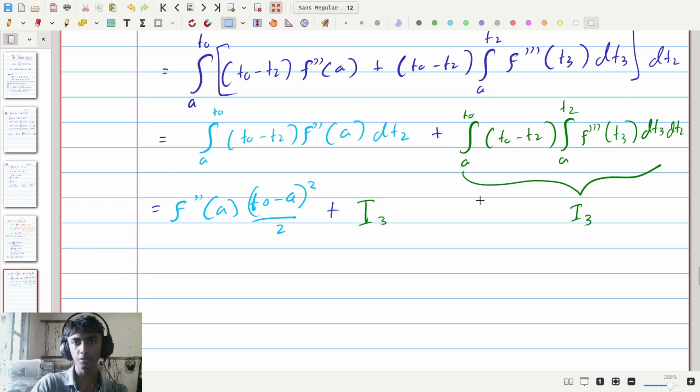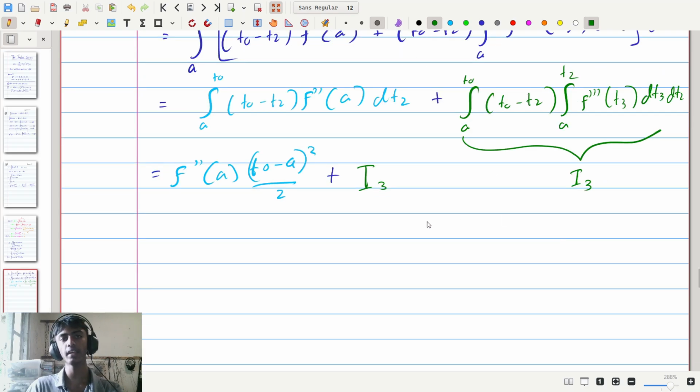Here what we are going to do first is simplify this I3 into a format where we are then going to be using similar logic to what we did earlier. Recall that graph of the input space that we need to be considering. We're going to take I3, and over here, t0 minus t2 is a constant with respect to t3, which means we can take this inside of this integral.